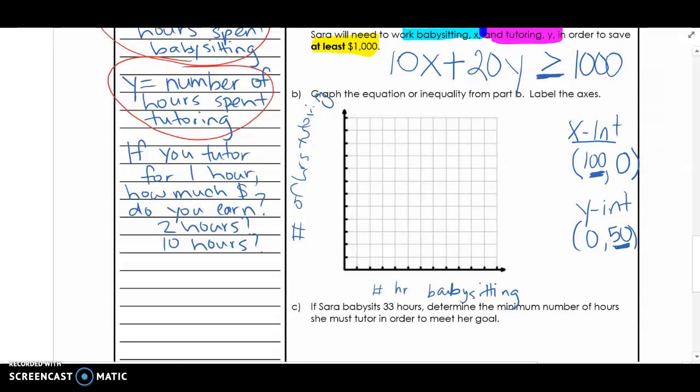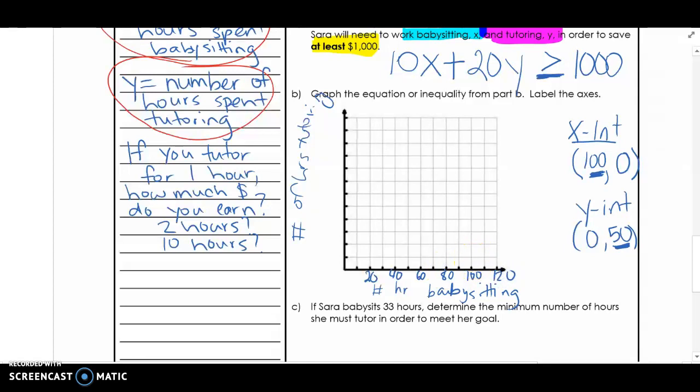Based on this, I'm going to let my scale on the X-axis go up by tens. So each tick mark will represent 10. I'm going to label every other one so that it's obvious what my scale is.